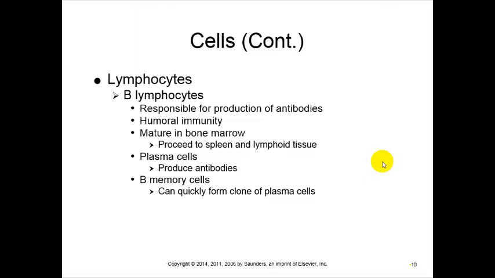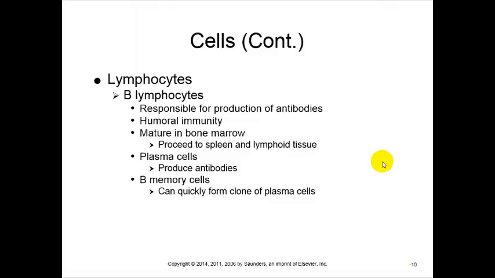So the B lymphocytes go out and live in the spleen and lymphoid tissue, and they produce a small amount of antibodies. And if their antibody actually interacts with the antigen, then that cell will mature even further into a plasma cell, where it really cranks out those antibodies.